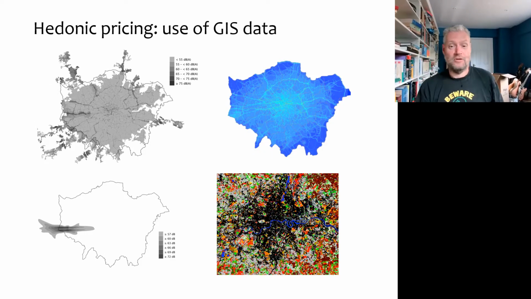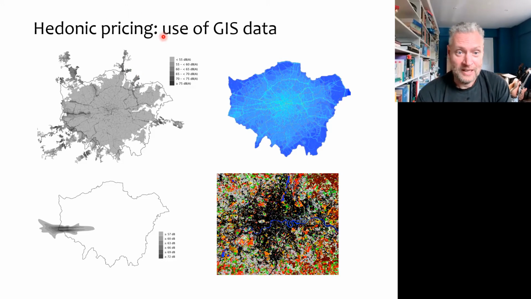Typically, or oftentimes nowadays, you would use GIS data for that. So you see here 4 maps of London. This is road noise. You see the major arteries, and the darker the color, the noisier it is. This is airport noise, which is of course much more localized. This is Heathrow, right?